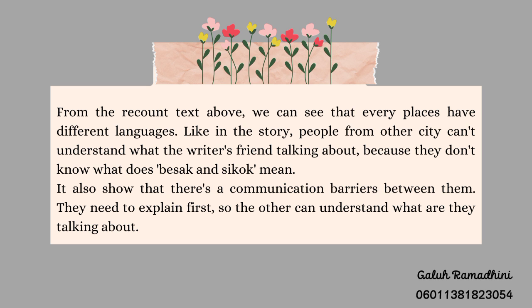Like in the story, people from other cities cannot understand what the writer's friends talk about because they don't know what besar and siko mean. As we can see from the text, the writer's friends cannot speak Japanese, so they just use their everyday language, which is the Palembang language.